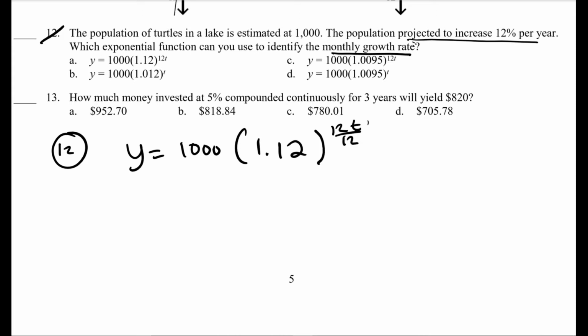Now, the reason I did 12 divided by 12 is because that's going to equal 1, and that doesn't change anything in the problem. So now I'm going to take the 12 here and bring it over to the inside. If I do that, that'll be 1.12 to the 1/12th power.